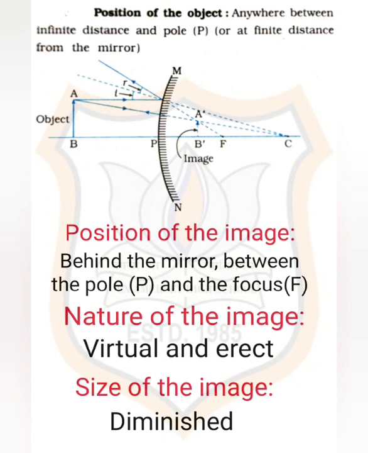Hence when the object is placed anywhere between infinite distance and pole P, then the image is formed behind the mirror and between the pole and the focus.